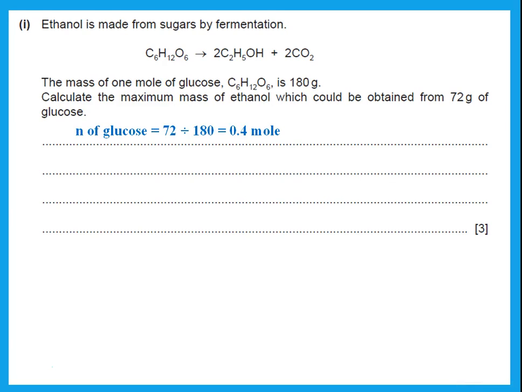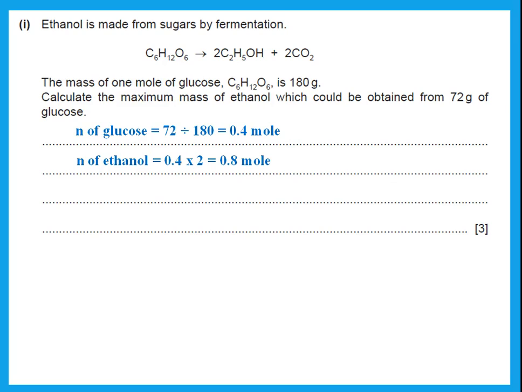Number of moles. 72 over the molecular mass that he gives me is 0.4 mole. Now, the next thing is, what is he asking about? He's asking about ethanol. So I need to relate from the equation the number of moles. The equation tells me that if I have 1 mole of glucose, it will give 2 moles of ethanol. And that means that the number of moles of ethanol should be twice the glucose.